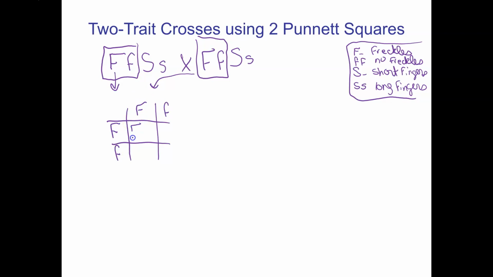Okay, so now I'm just going to bring these across. You've done this, so you kind of have that idea of how this works. And then underneath, I'm going to say, okay, here I have 1, 2, 3 that are big F something. So I have 3/4 that have freckles. Okay, I have 1/4 that do not have freckles.